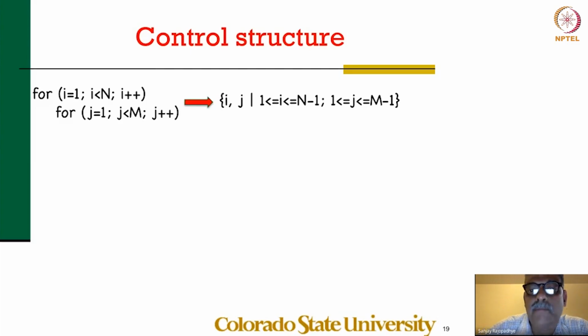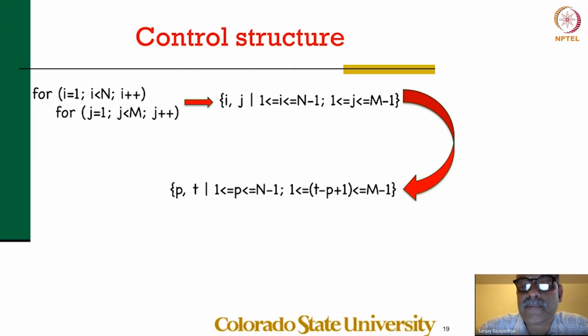Its image by the mapping TP is the set of points, I'm calling the points P and T, such that when I apply T inverse to PT, the first coordinate can be replaced by I and the second by J.